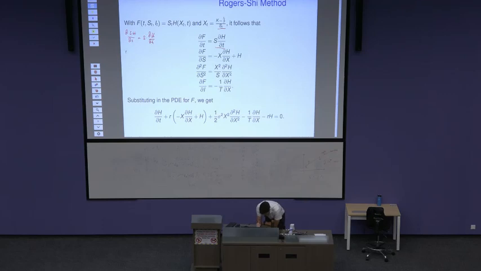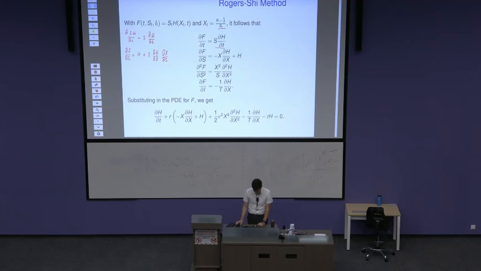So df/ds is the same as, applying the product rule, the derivative of s with respect to s is 1, so we get h plus s times the derivative of h with respect to s, which, applying the chain rule, is the derivative of h with respect to x times the derivative of x with respect to s.